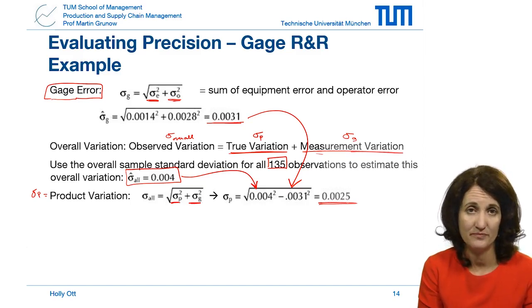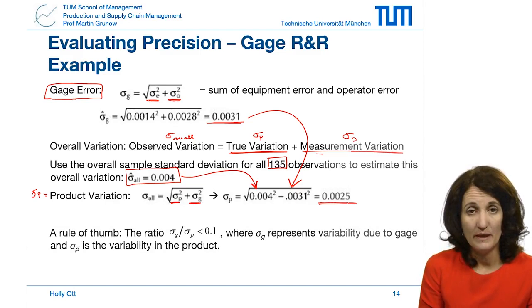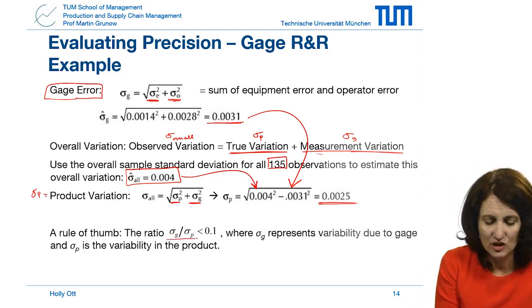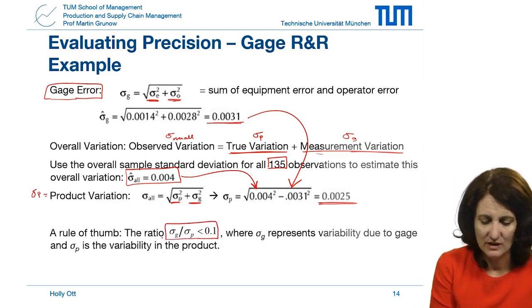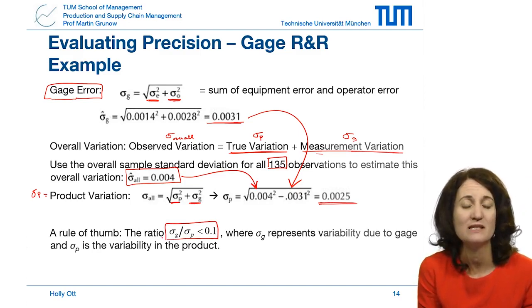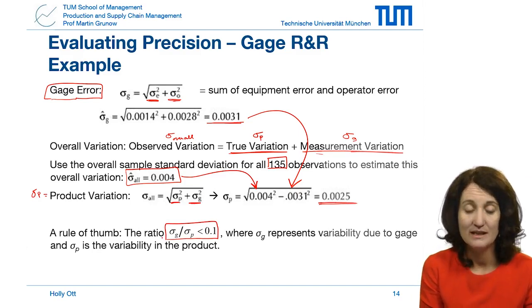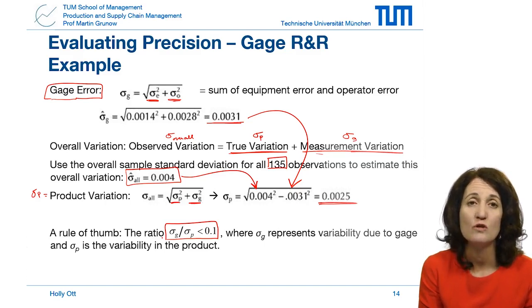Now, how can we use this information to decide whether or not we have a problem with our measurement system? So, as a rule of thumb, we will say that the ratio of sigma g to sigma p should be less than 10%. So again, the gauge variability due to the equipment itself and due to the operators using the equipment should be less than 10% of the expected true product variation sigma p.